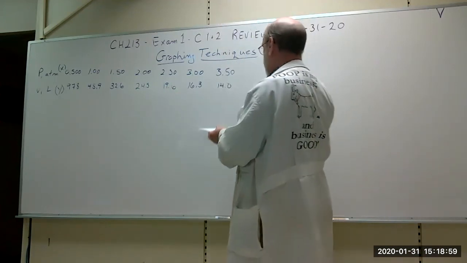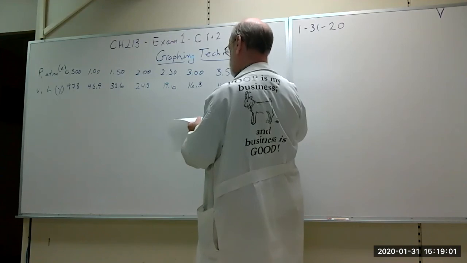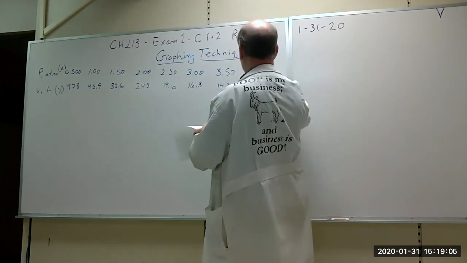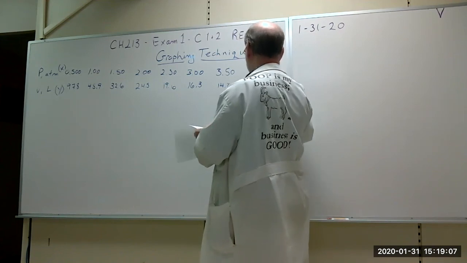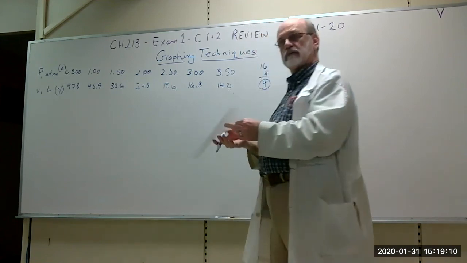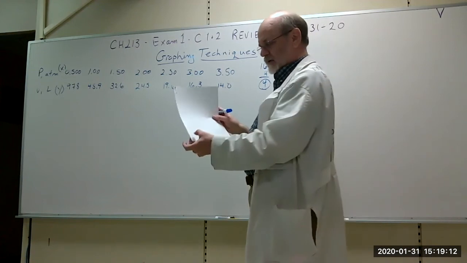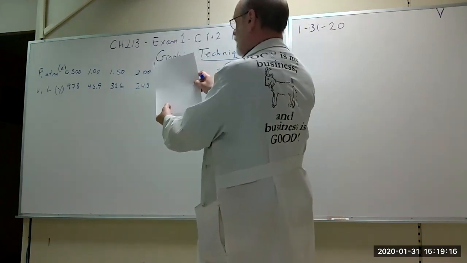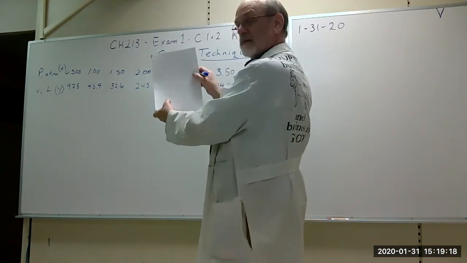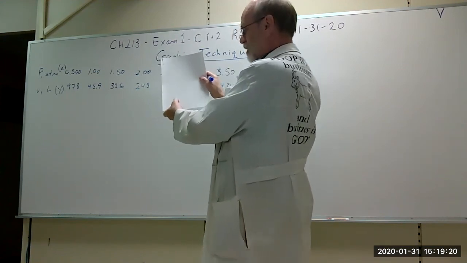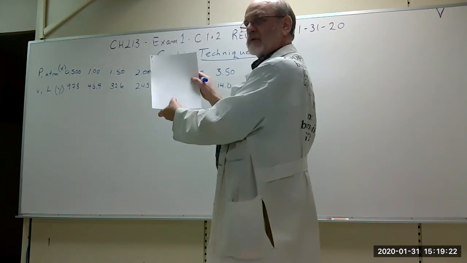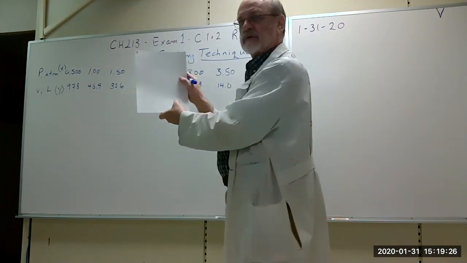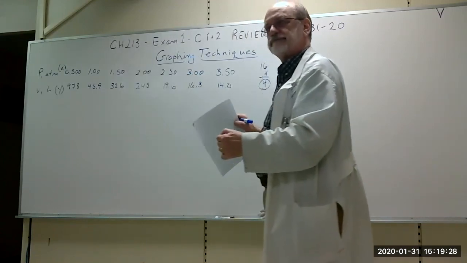And if we have 16, and we're going up to 4, that means we have 4 squares each. Right? So if we count 0 as this corner, and we count over 4, that's 1 atmosphere. Count over 4 more, that's 2 atmospheres. 4 more, 3 atmospheres, 4 more, 4 atmospheres. Okay?